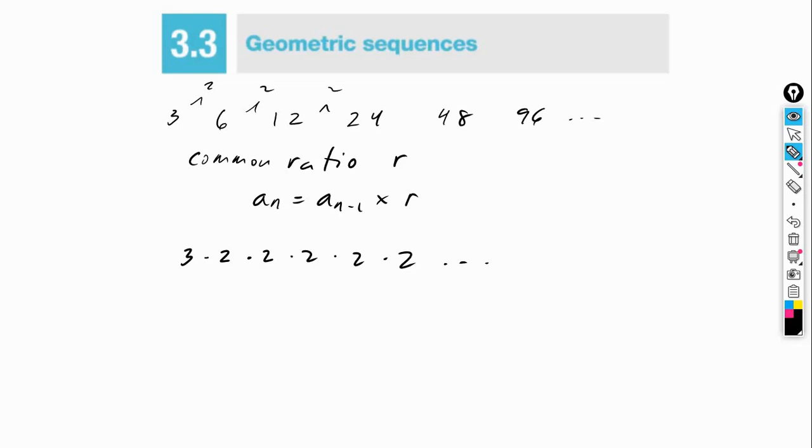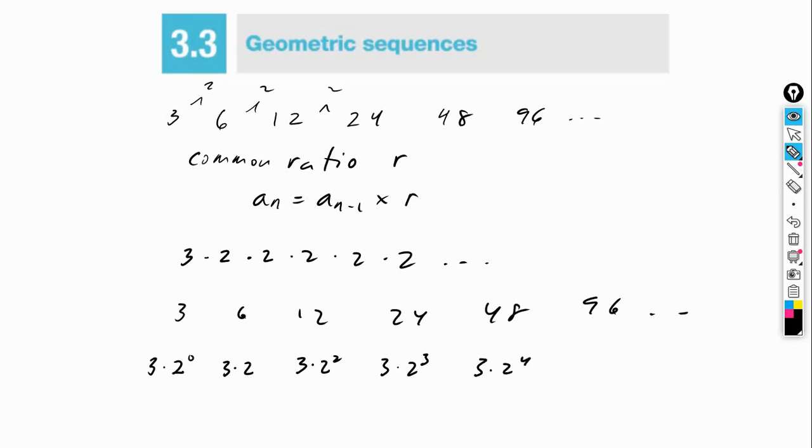Since the sequence is 3, 6, 12, 24, 48, 96, etc., the first term would be 3 times 2 to the 0, then 3 times 2, then 3 times 2 to the 2, 3 times 2 to the 3, 3 times 2 to the 4, 3 times 2 to the 5. So this is the first term, the second term, the third term, fourth term, fifth term, sixth term, and so forth.